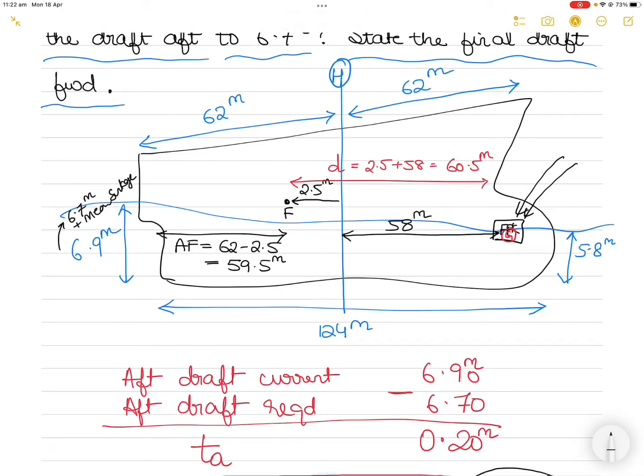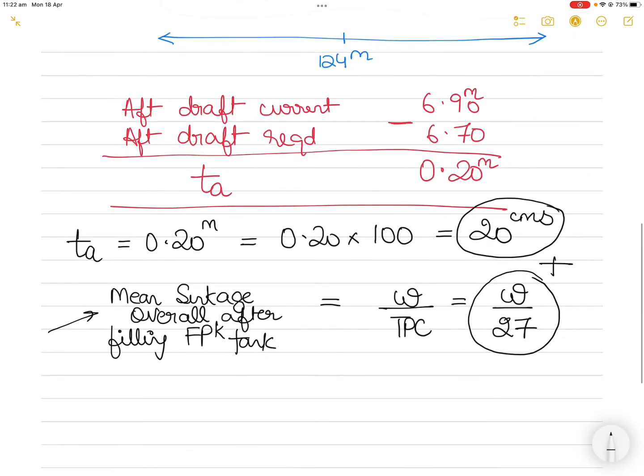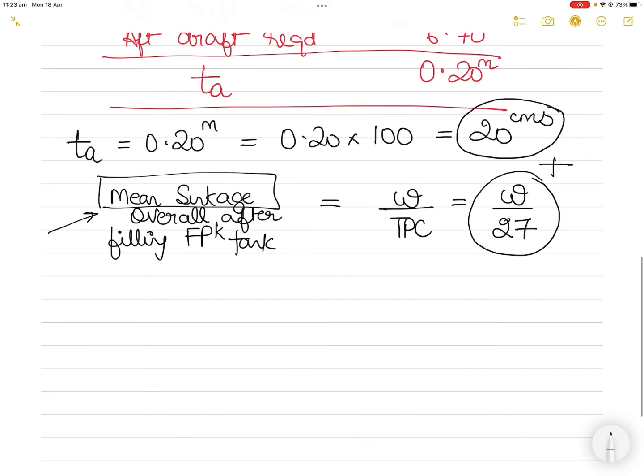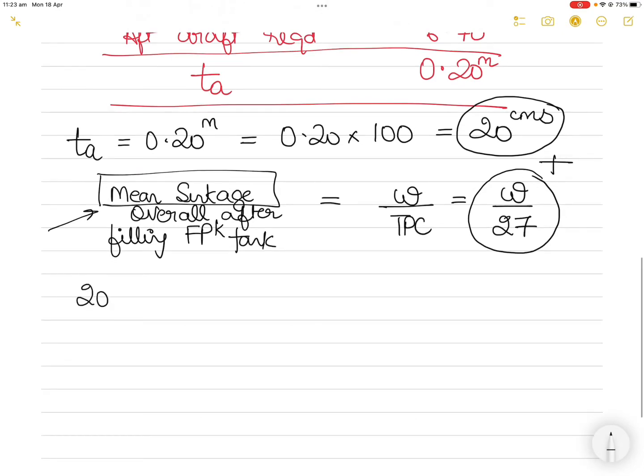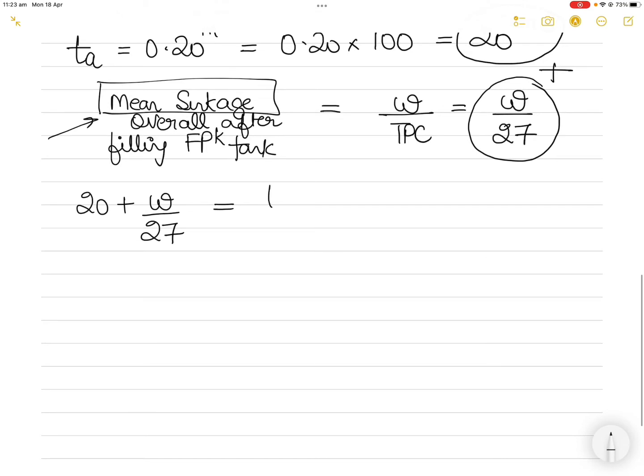So I have to take that into account. I just cannot think of reducing it from 6.9 to 6.7. I also have to take into account the mean sinkage amount. So the total change in the aft trim required will be not only 20 centimeters but also this amount here, right? This is the total change in the aft trim that will be required. So I have to lift the aft draft by this amount.